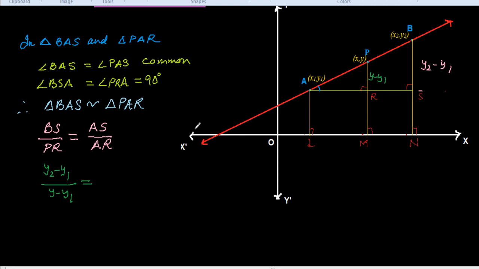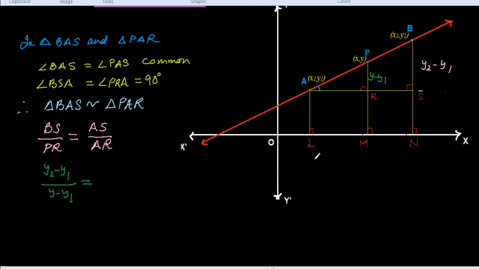Now AS: ON is x2 and OL is x1, so LN is x2 minus x1, which is equal to AS.